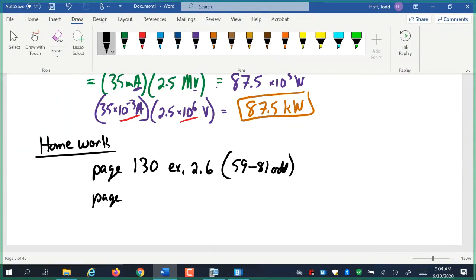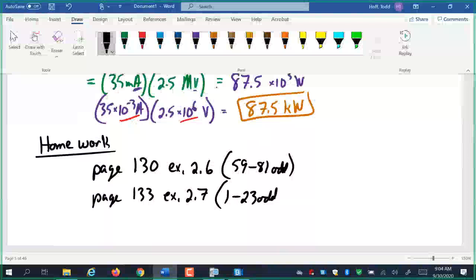And then on page 133, exercise 2.7, 1 through 23, the odd. So working with our operations with scientific notation and then some basic engineering notation.